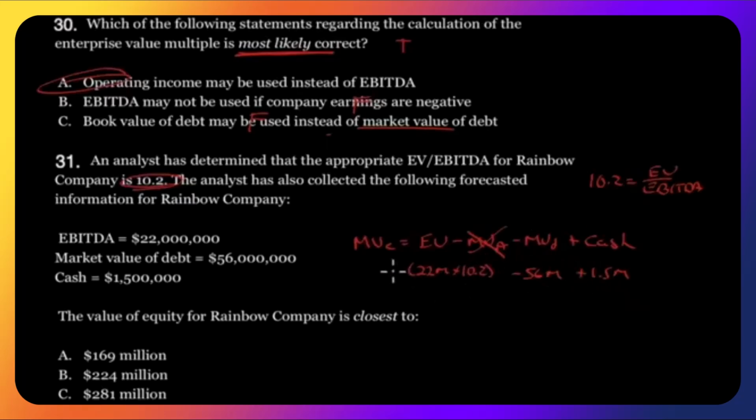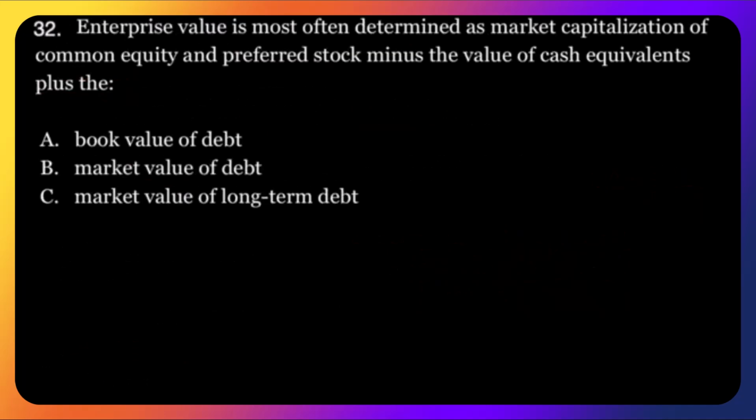So all we have to do is multiply that out and we'll get our market value of equity. And we get 169.9 million. 169.9. Have I got something close to that? There we go.